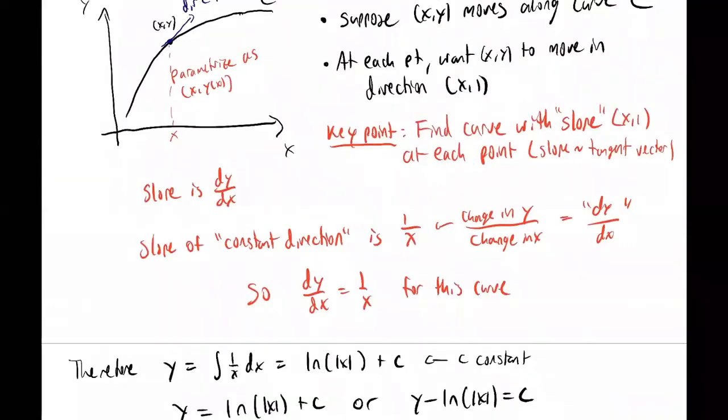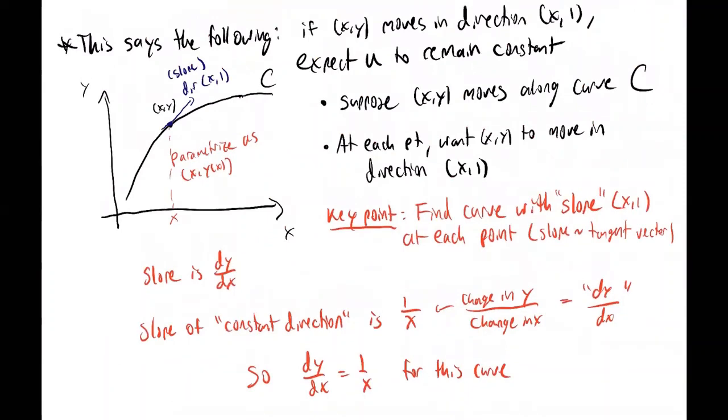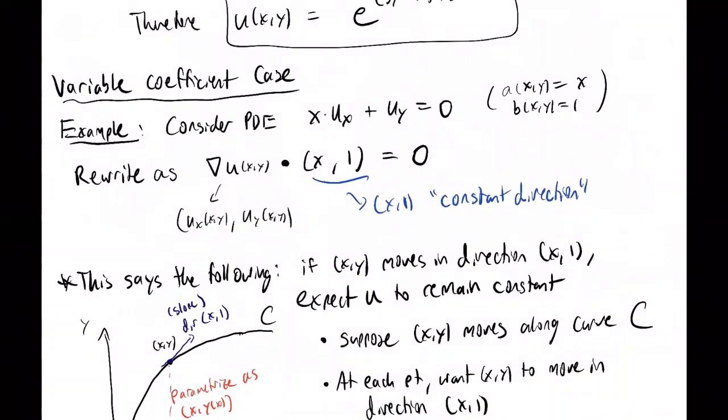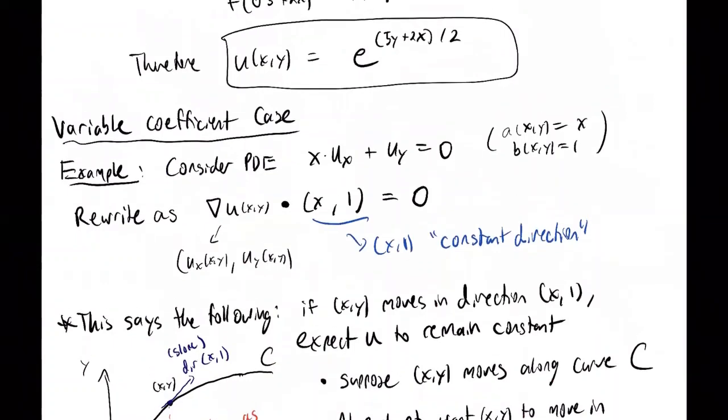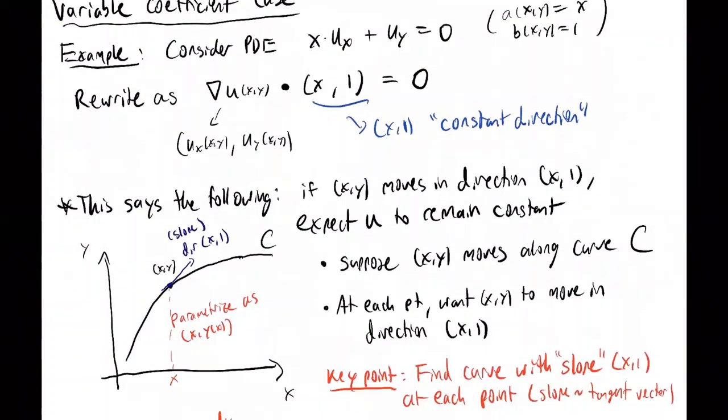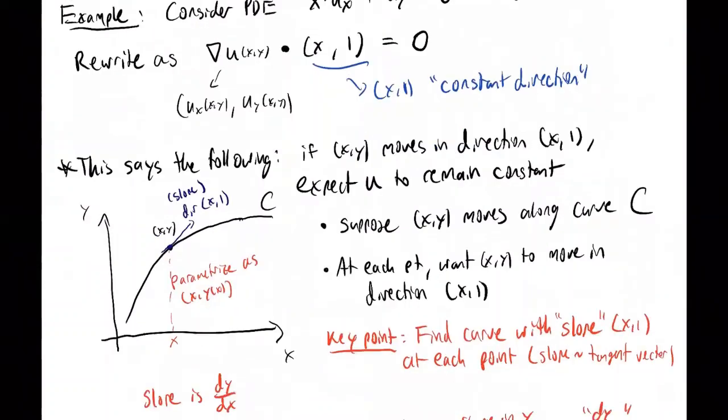If we go back, the curve that I drew here you can think of as y equal to natural log of x. As I move my point along this curve, the value of my function u, which solves the PDE, can't change. The reason it can't change is the property involving the directional derivative, which says that if I move in this direction at each point, there's no change. But this is exactly the slope of the curve, which is exactly the direction you're moving as you move along the curve.